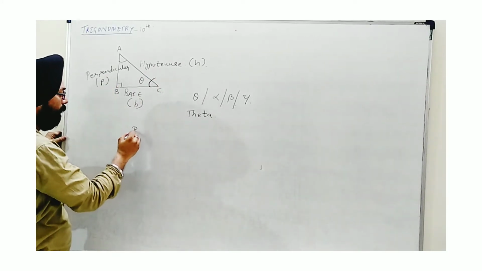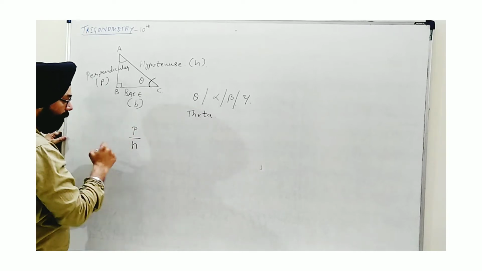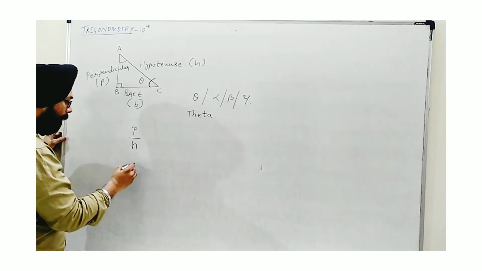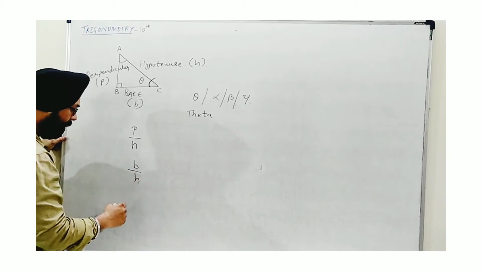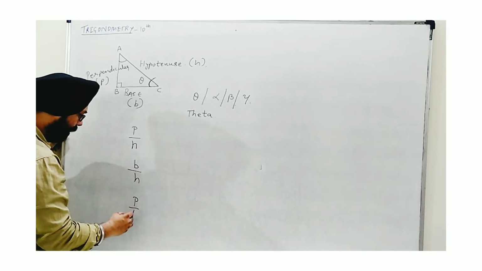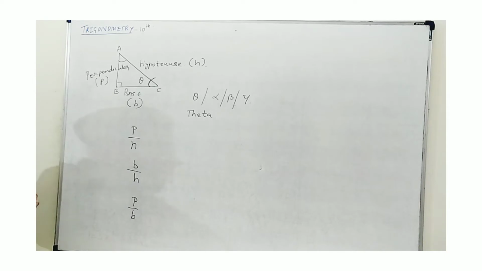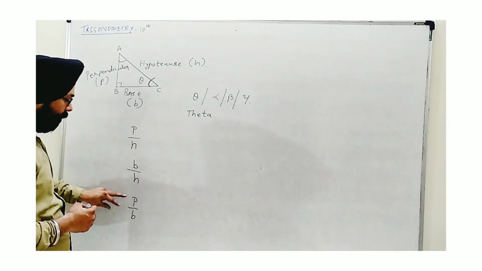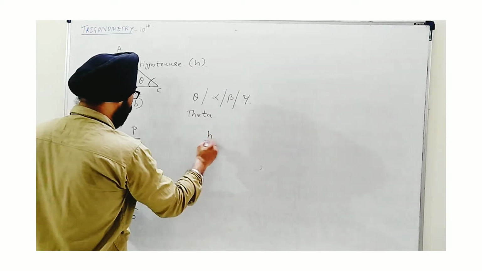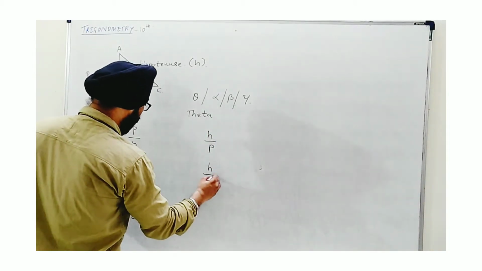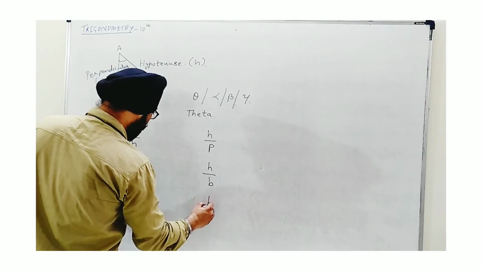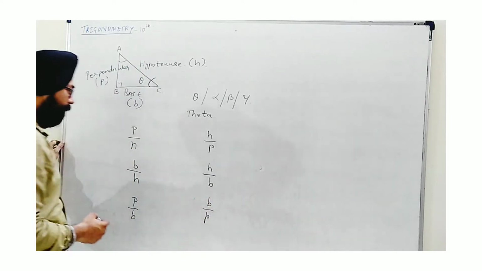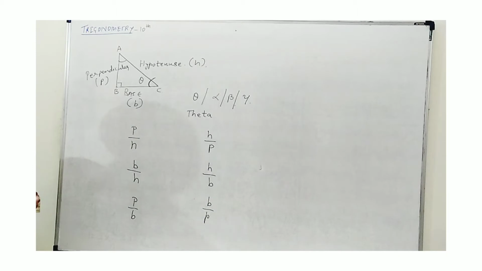So ratios possible are P upon H, B upon H, P upon B. I have written these in the form of fractions. Other ratios will be just inverses of these: H upon P, H upon B, then B upon P. In total we find 6 ratios. As 3 sides are there, taking 2 at a time, we find 6 ratios possible.